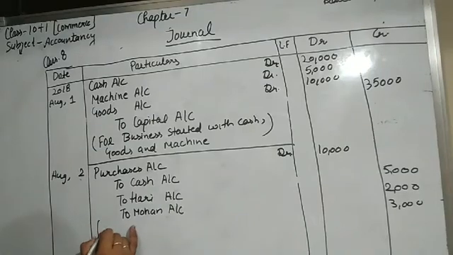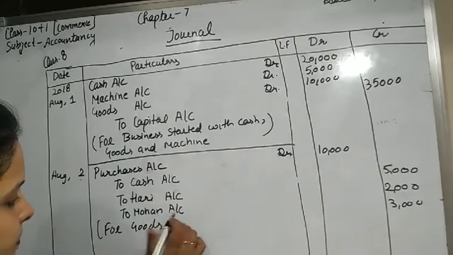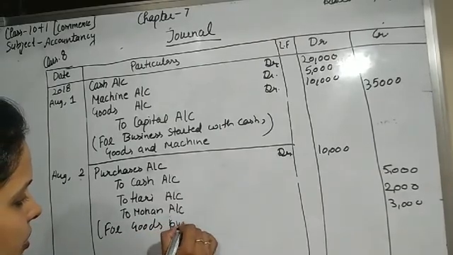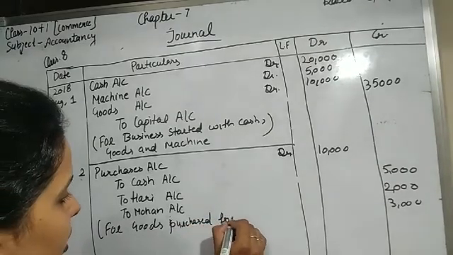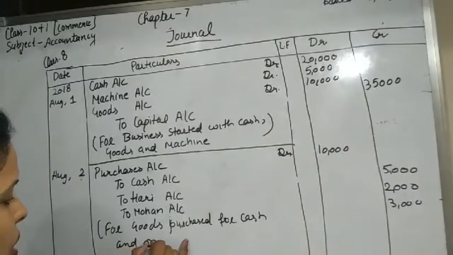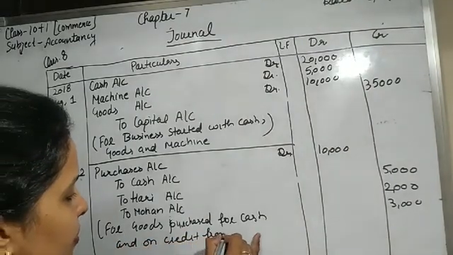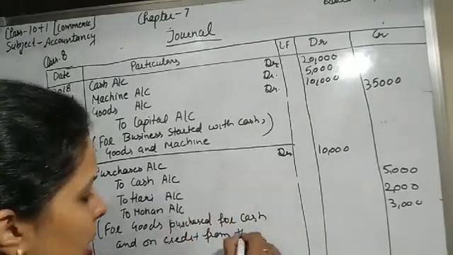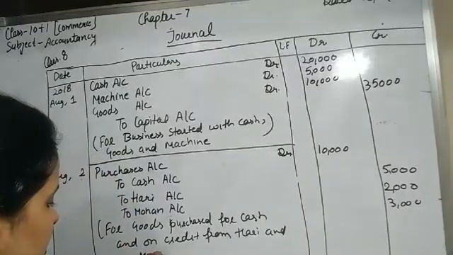Clear, students? And the narration is for goods purchased for cash and on credit from 2 persons, Hari and Mohan.